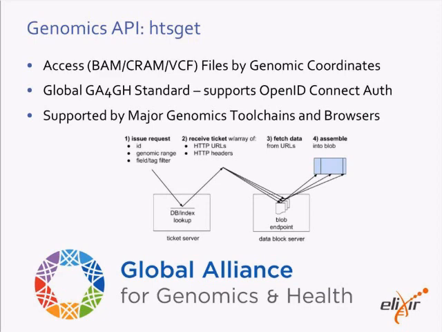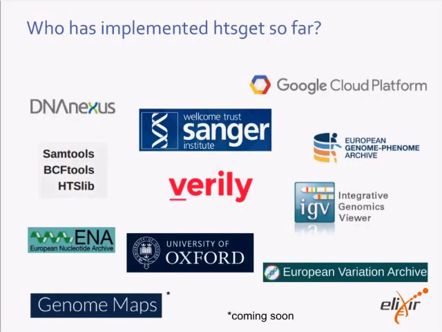This is an API that has now reached version 1.0 at the last GA4GH meeting, and it is already supported by a large number of people. So the ENA, EGA, and European Variation Archive support it in their APIs.